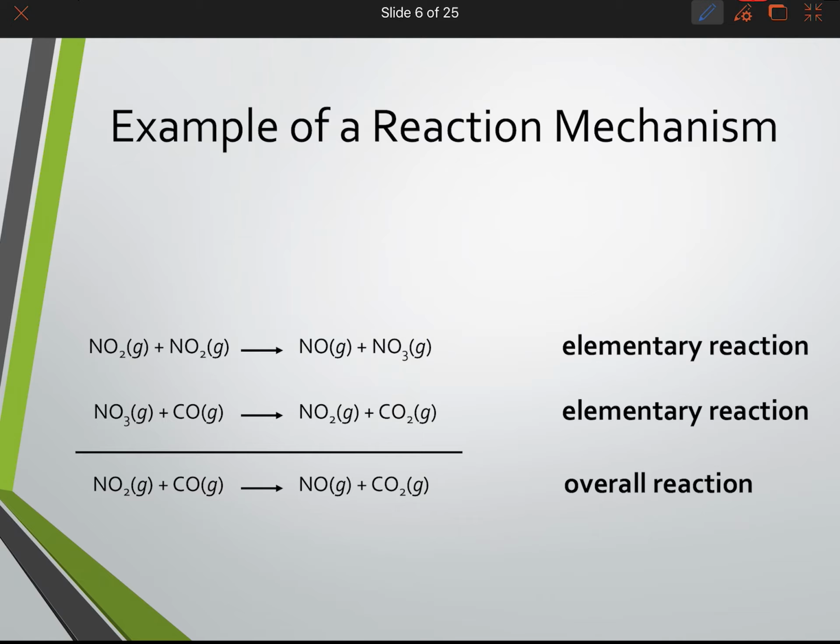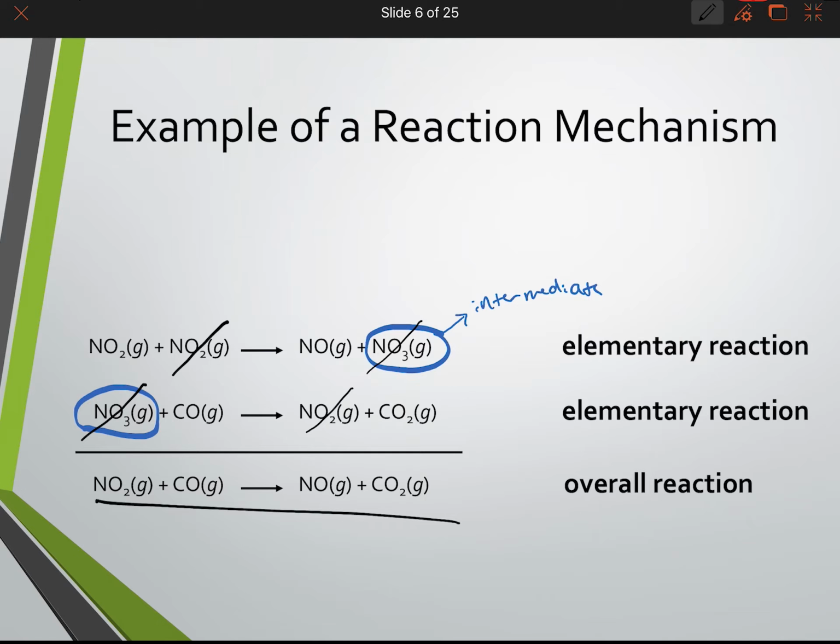Okay? So, when we combine these, they are going to cancel out. Our intermediates will always cancel out. And then, actually, in this case, one of our NO2s is also canceling out to give us an overall reaction that is NO2 gas plus CO gas produces NO gas and CO2. Okay? So we will always produce our overall reaction using our elementary steps. Okay? So this would be considered a 2-step mechanism.